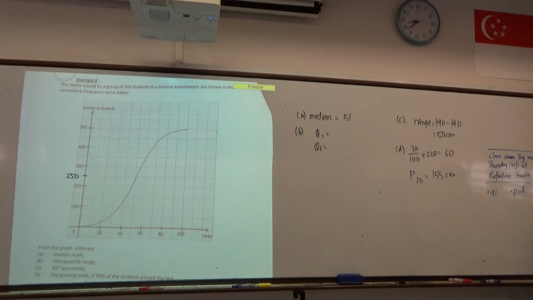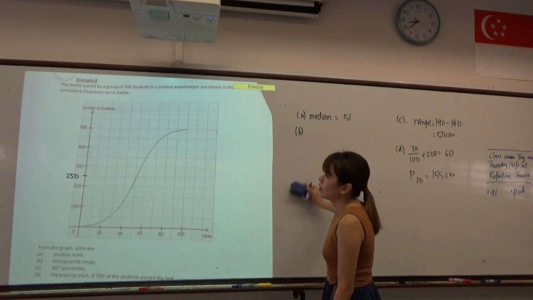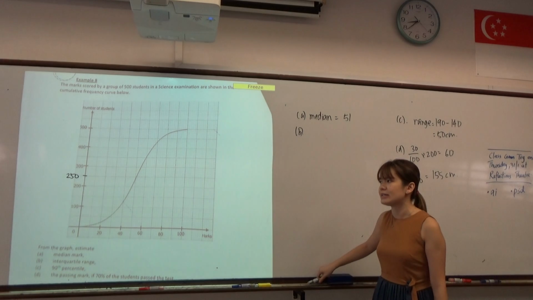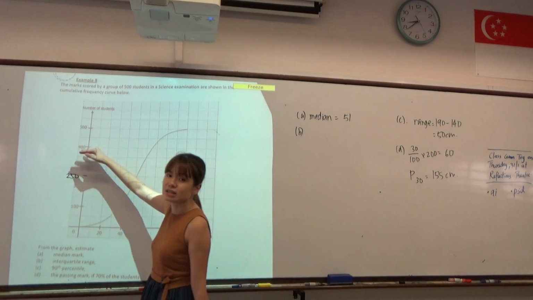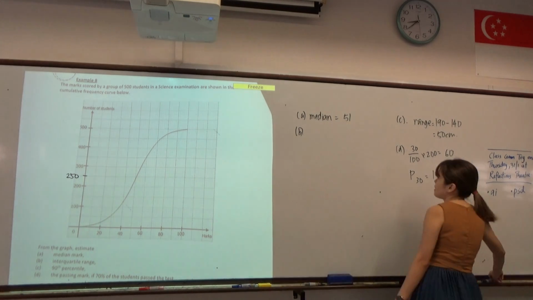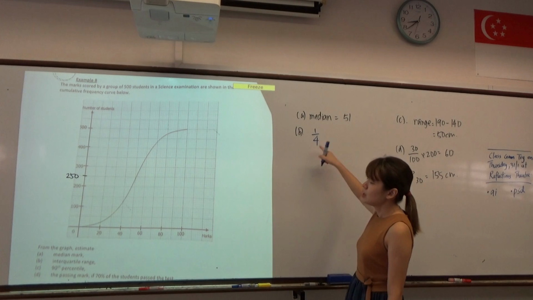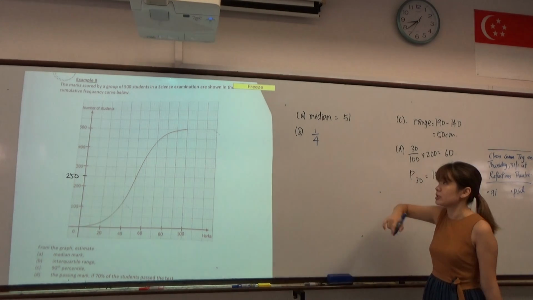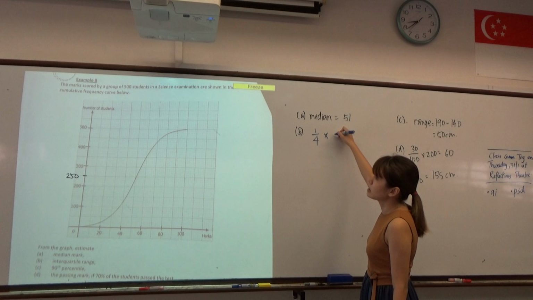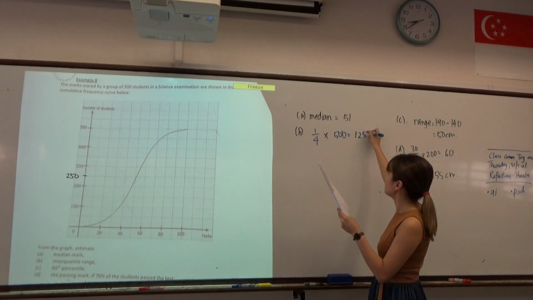Then if I want to find the interquartile range, in this case it might not be that simple to know where exactly the middle is. You could do some simple calculation to find out where the lower quartile and upper quartile are to be read off from. For the lower quartile, you read from the bottom, 1 quarter of 500, that would be 125.